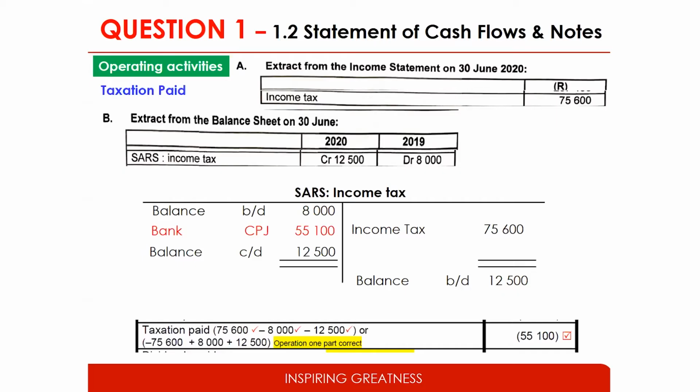Now, the income tax of 75,600, that would have been the amount that a business would normally, during the course of the year, before they get their final assessment from SARS, to say, this is the amount that you owe us. We have assessed you.